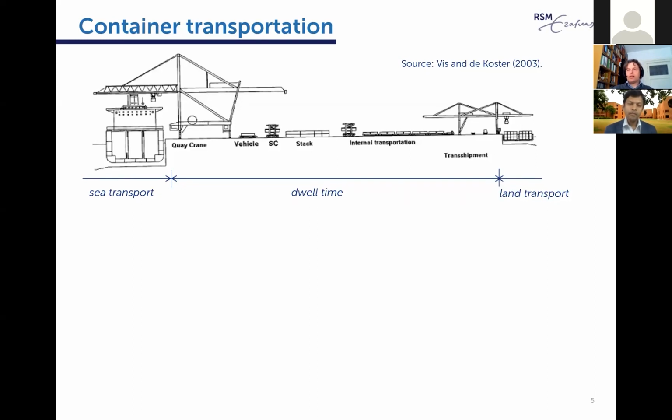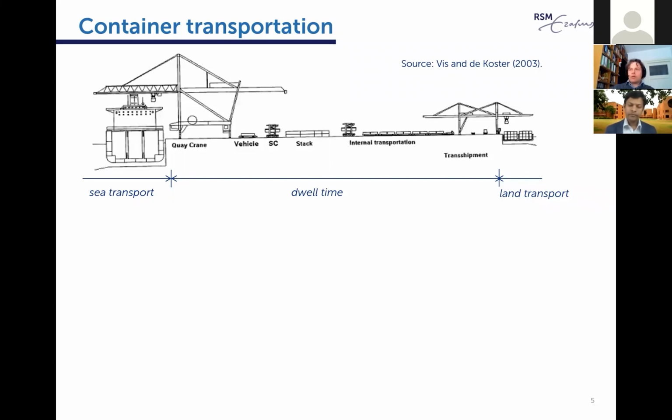So we do see here that at sea transportation, at the left-hand side, we see large container vessels being handled by sea cranes. We have an intermediate stack of containers as a buffer to accommodate the transshipment of the containers at the land side, where they can be forwarded or received from and to hinterland destinations and origins.